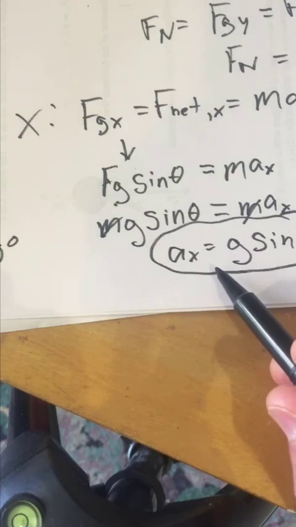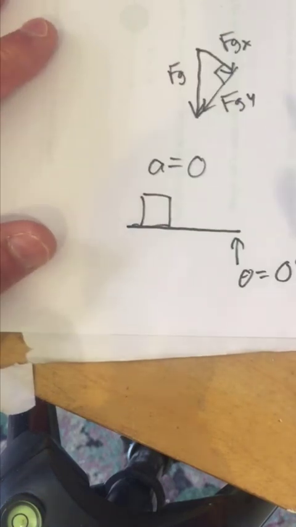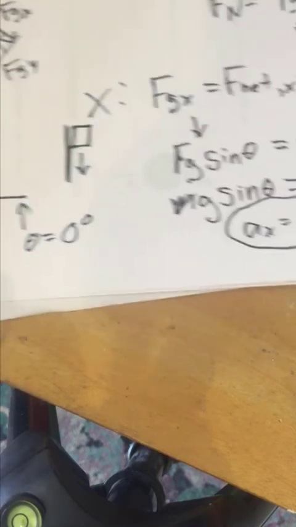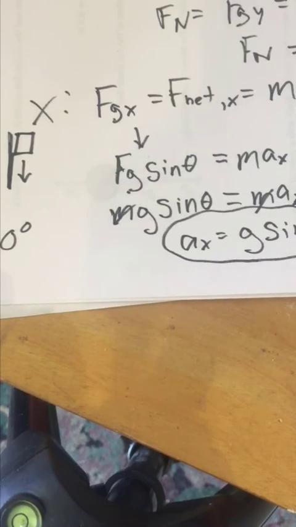Let's look at the other extreme case, where you have a vertical ramp like this, and you have your block on that ramp like that, and it's sliding down. The acceleration here, well, when the angle is 90 degrees, which is what you have when you have a vertical ramp, the sine of 90 degrees is 1.